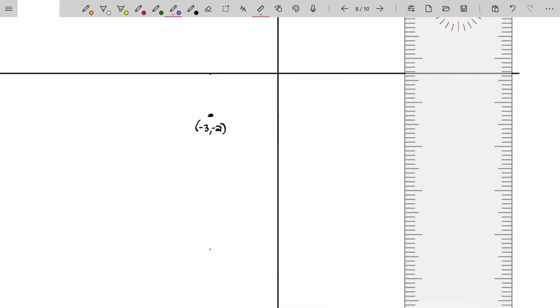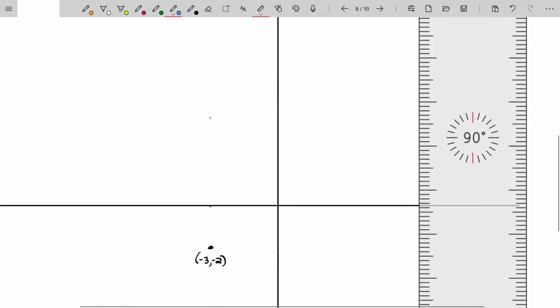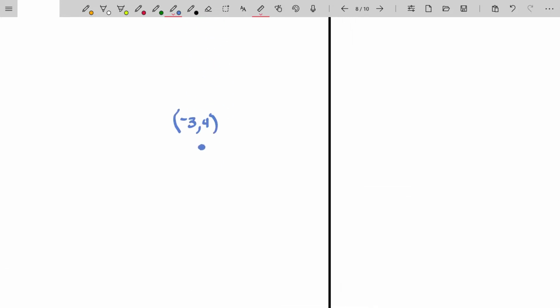This point right here will be at -3, -8, and that point up there will be at -3, and then we're adding 6 to -2, which is +4.